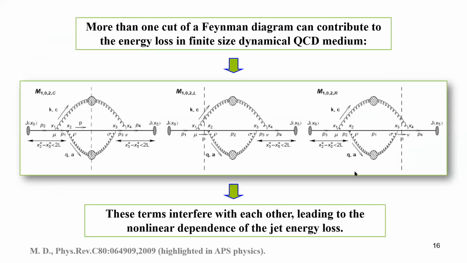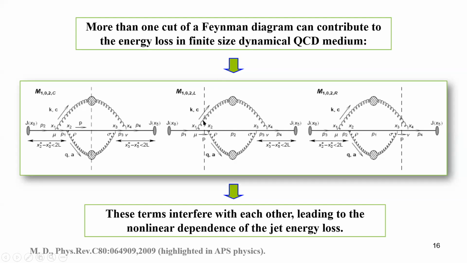Moreover, there is more than one cut of the Feynman diagram that can contribute to this energy loss in a finite-size QCD medium. So we see here this central cut. For this diagram, there is this central cut, which corresponds to the case where the particle is initially on shell.